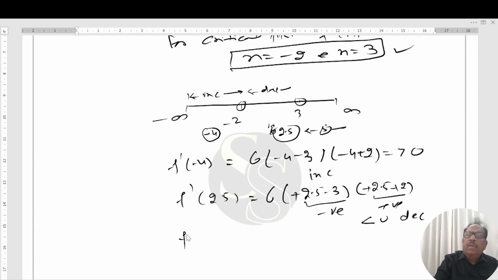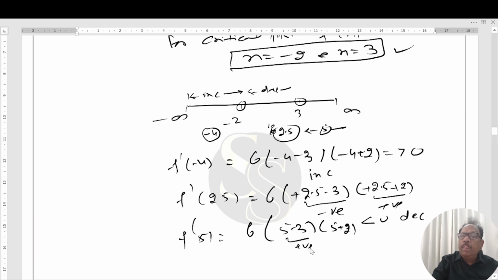Next, f dash of 5 means 6 times (5 minus 3) times (5 plus 2). This is positive, this is positive, so the answer is greater than 0. So in this interval, it is increasing.